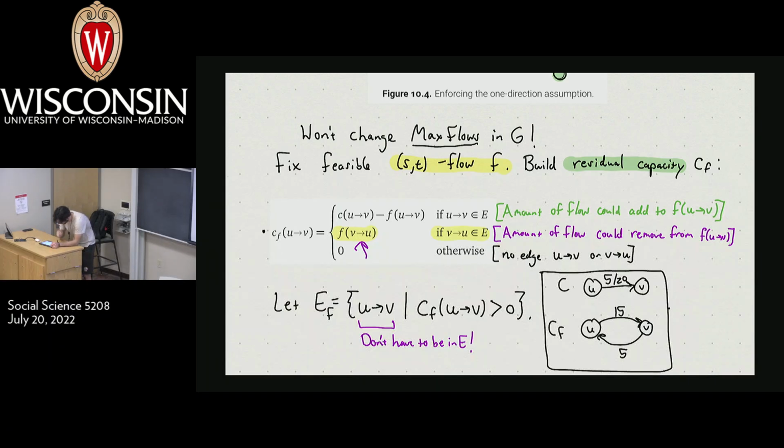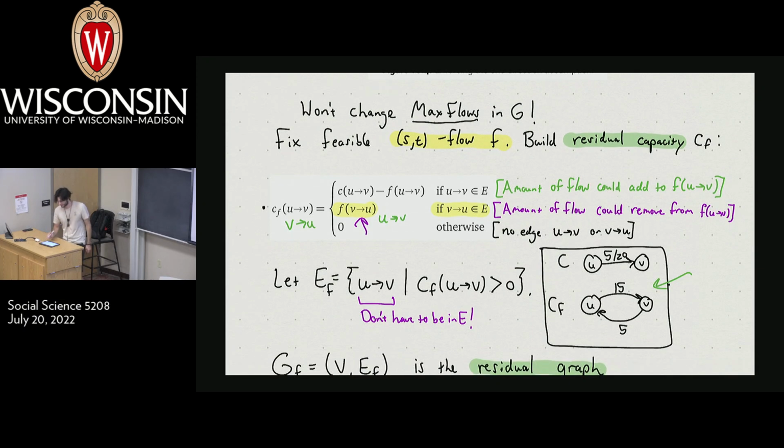So you plug in the backwards one. It's a little weird. You're going to plug in V to U in this formula, and then that becomes U to V. So the capacity of the reversed edge is the flow on the original edge. It's a little weird, so that's why I like the picture better, because I think the picture demonstrates that better than the math does. But yeah, that's a good point.